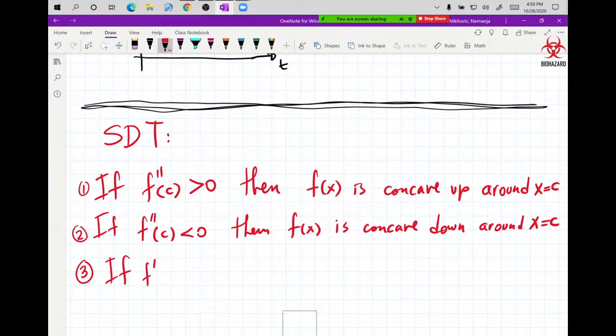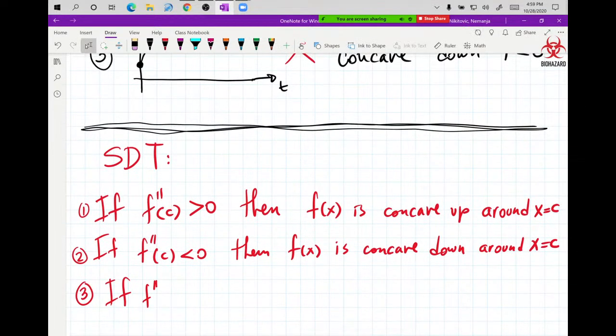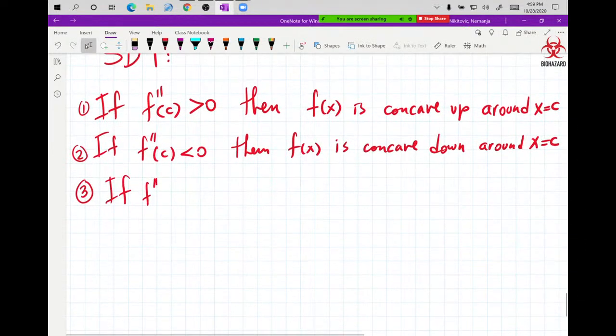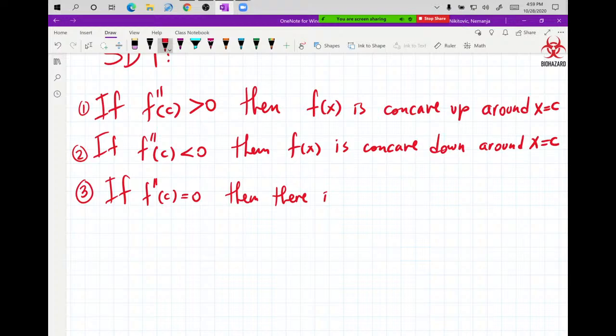Now, we are going to add the third one because we did not talk about it. If f double prime of c is equal to 0, then there is an inflection point at x equals c. Now, what is an inflection point?